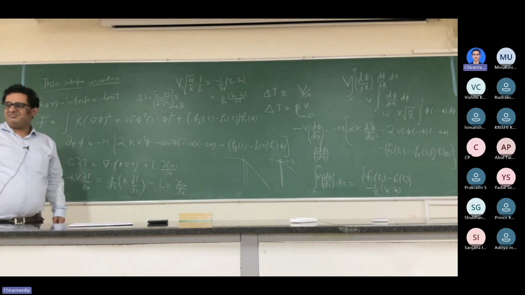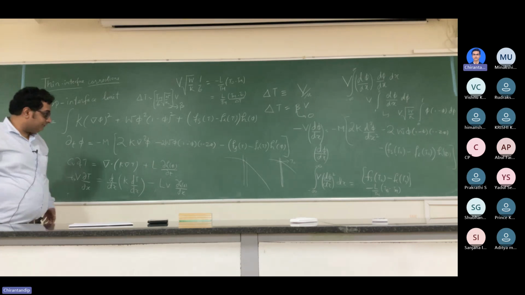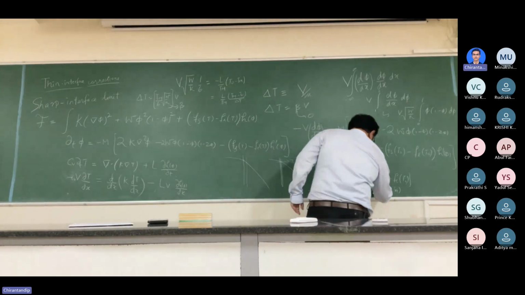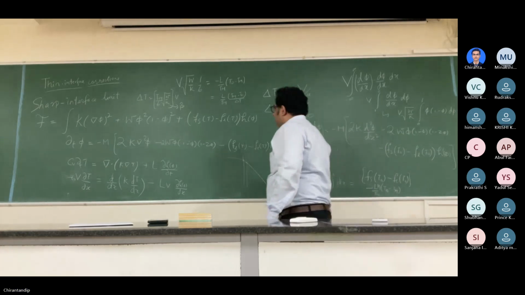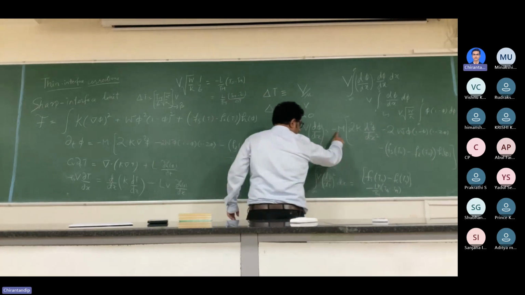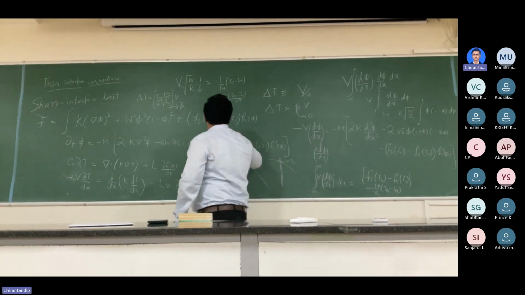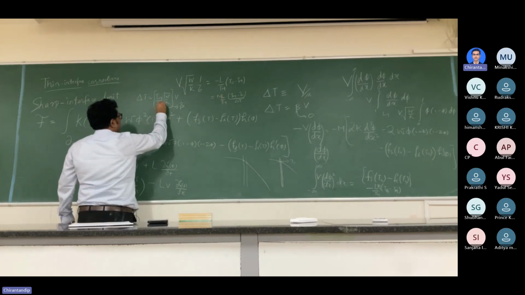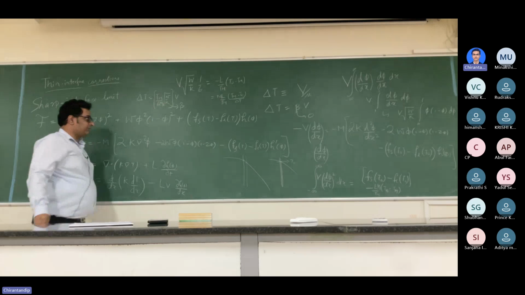You can't make it 0. So where is M, by the way? There is M. We should not forget M. This M was here because of M. So we have forgotten M, which will come here.